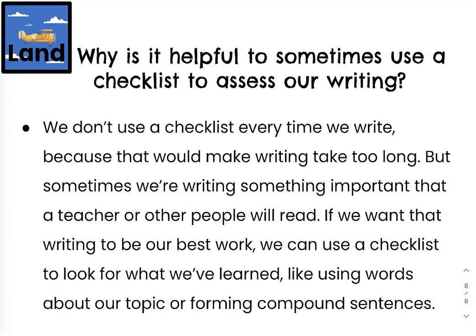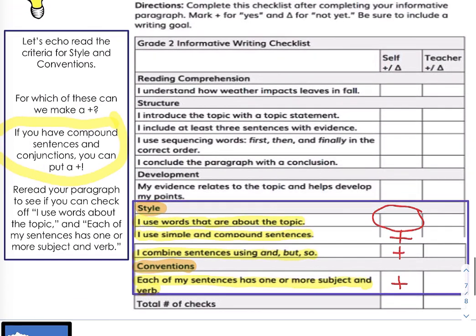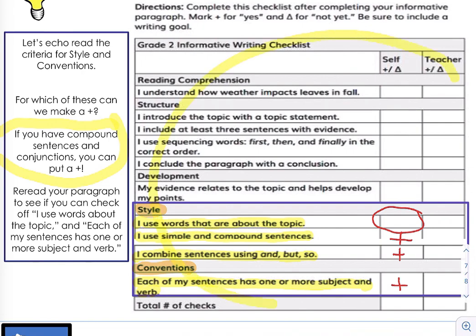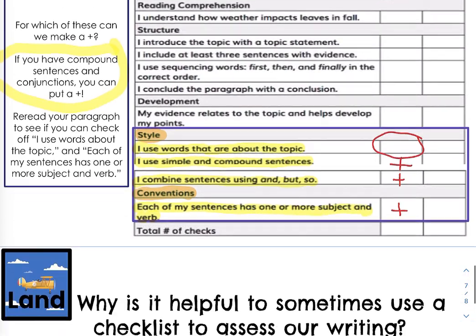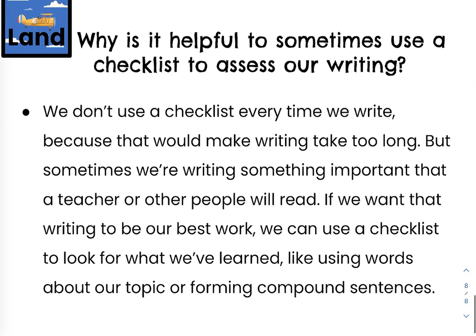Okay, we are coming in for a landing. Why is it helpful to sometimes use a checklist to assess our writing? Why is that helpful? Well, we don't use a checklist every time we write because that would make writing take too long.